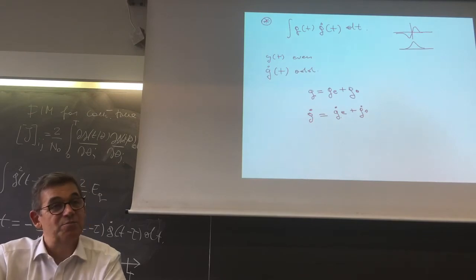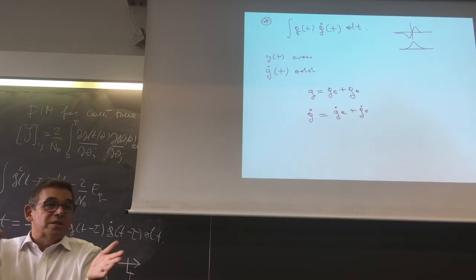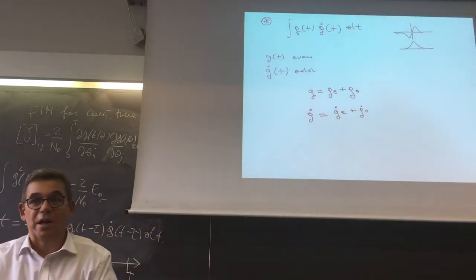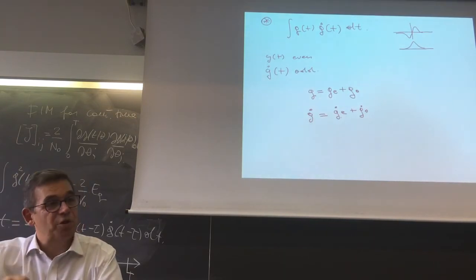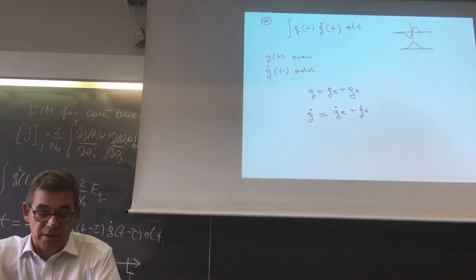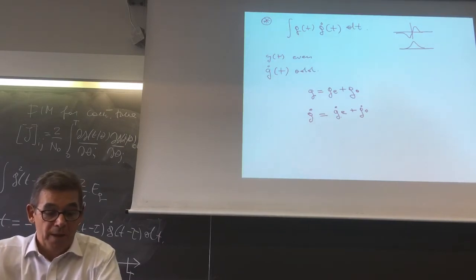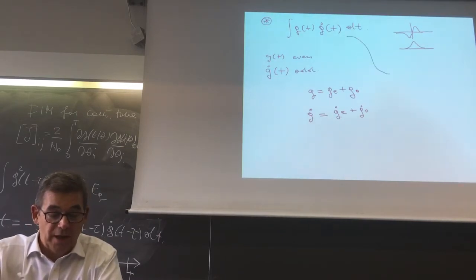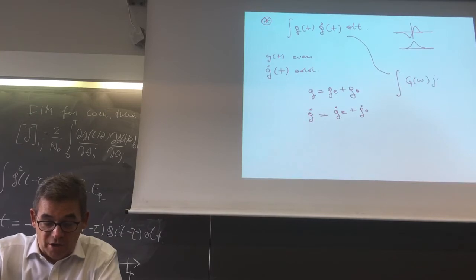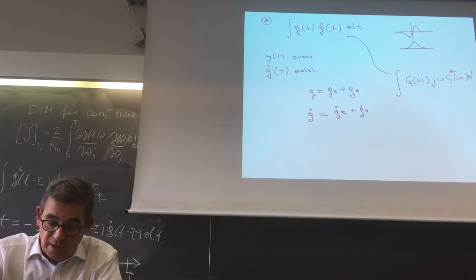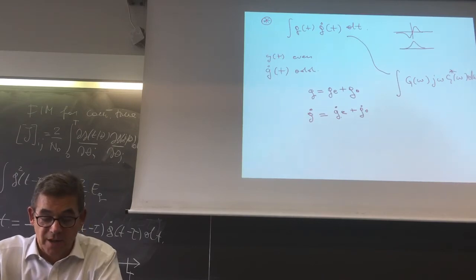Now, if you don't like this proof, but you are very familiar with simple calculus, analysis 1, high school, okay. Now, if you don't like this rule and prefer the Fourier transform, then you can use Parseval. Looking at Parseval, this is equal to the integral of g(omega) times j omega g(omega) star d omega, by Parseval.